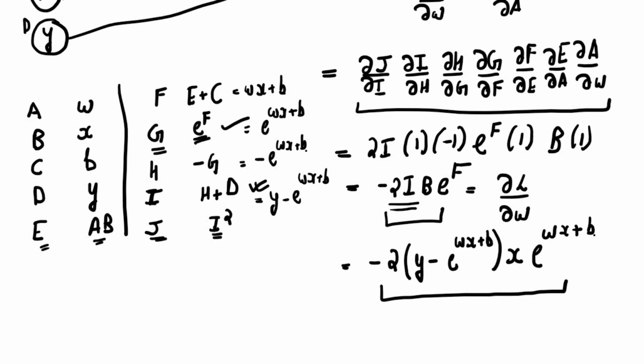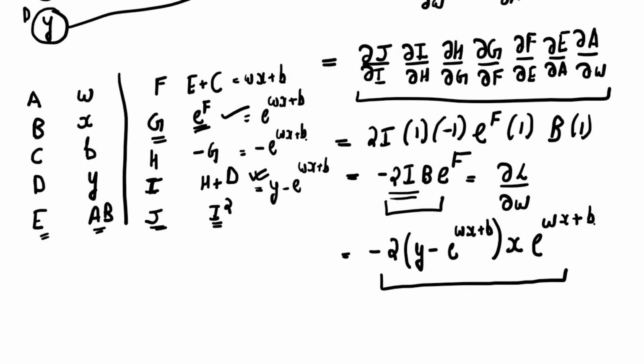Now if I recall how stochastic gradient descent works, it is ideally of this form: W at t plus 1 is equal to Wt minus eta times del L by del Wt. We have already found the expression of del L by del Wt over here.